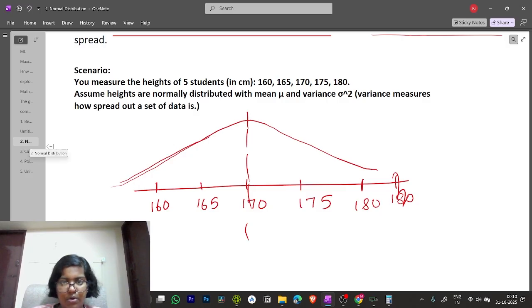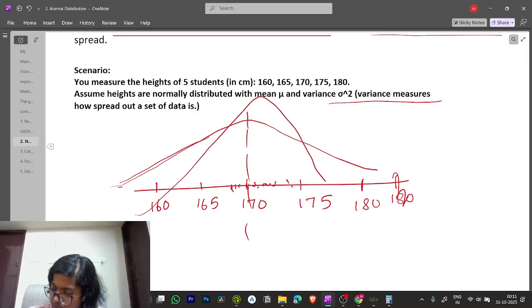This is how you draw it, and variance measures how spread out the data is. There's a formula for variance, and that's how you find how spread out the data is. If more values are concentrated near the mean, then the bell curve will be peaked, so it will probably look like this.